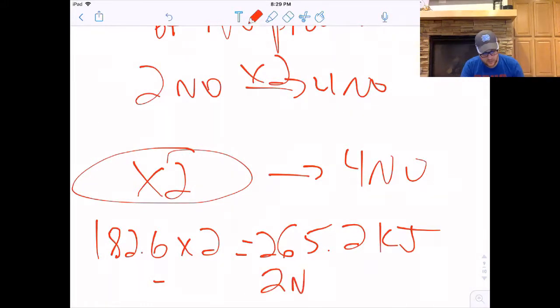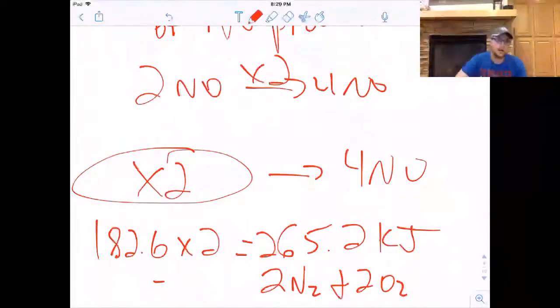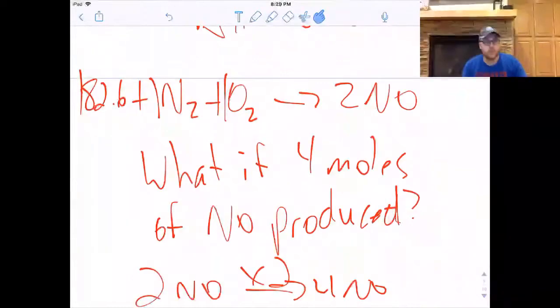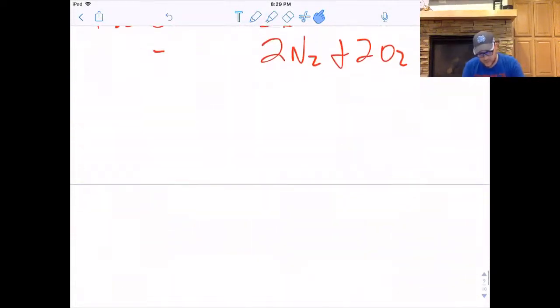So whenever they change the moles in the problem, do that to everything. So you can do the same thing. What if it said 0.5 moles of N2 reacted?